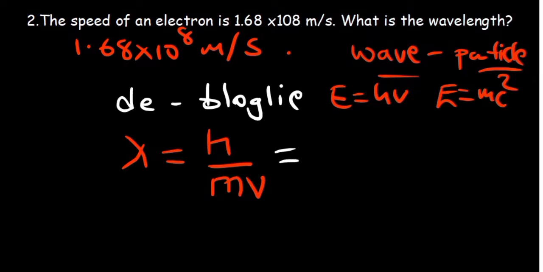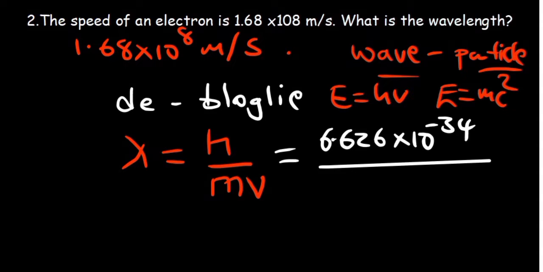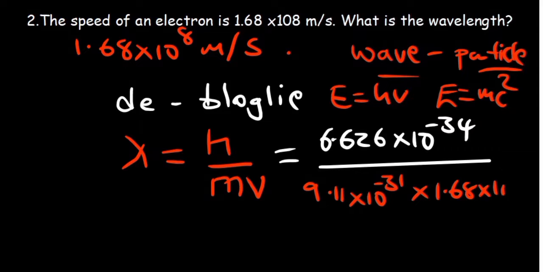Planck's constant is 6.626 times 10 to the power negative 34. Then the mass of an electron is also known. It's a constant that is known. So the mass of an electron is 9.11 times 10 to the power negative 31 kilograms, multiplied by the velocity in this case, which has been given in the question to be 1.68 times 10 to the power 8.